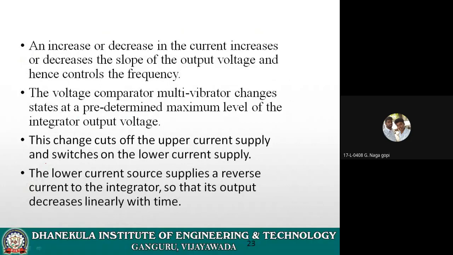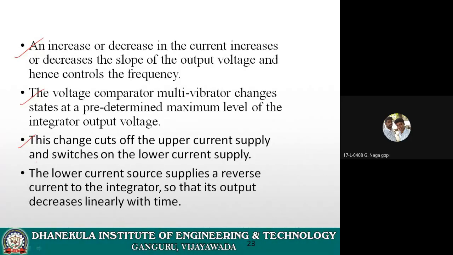An increase or decrease in the current increases or decreases the slope of the output voltage and hence controls the frequency. The voltage comparator multivibrator changes states at a predetermined maximum level of the integrator output voltage. This change cuts off the upper current supply and switches on the lower current supply.